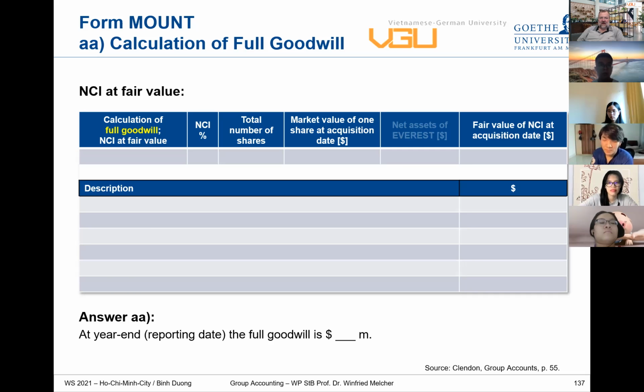So I think in practice, you will more or less find the goodwill method, and only a few companies will use the full goodwill method. But that's a good question. I really thank you for that one.